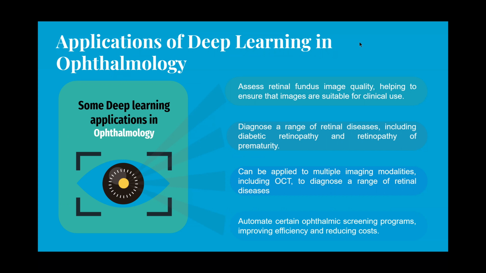They can also be applied to multiple imaging modalities, including optical coherence tomography, which allows the ophthalmologist to use a variety of imaging techniques to make an informed diagnosis. In this way, there are many applications of deep learning in the field of ophthalmology. Next slide.